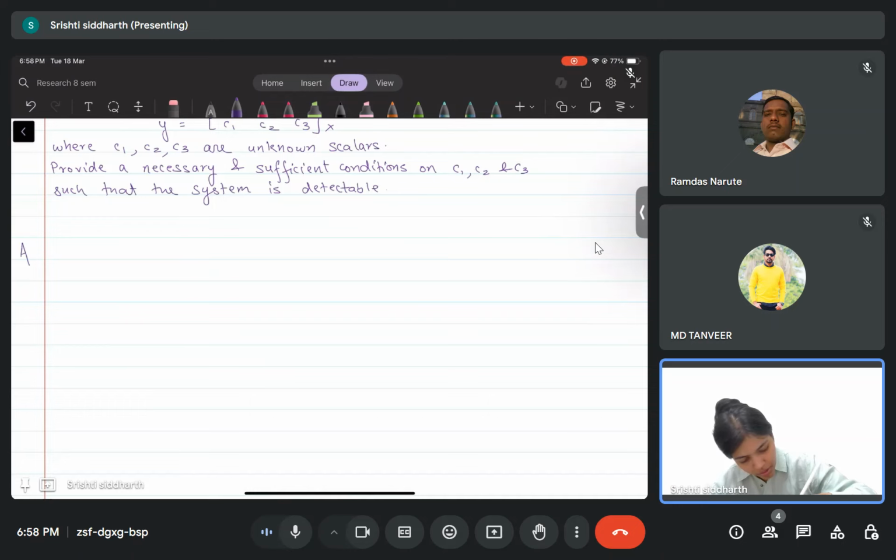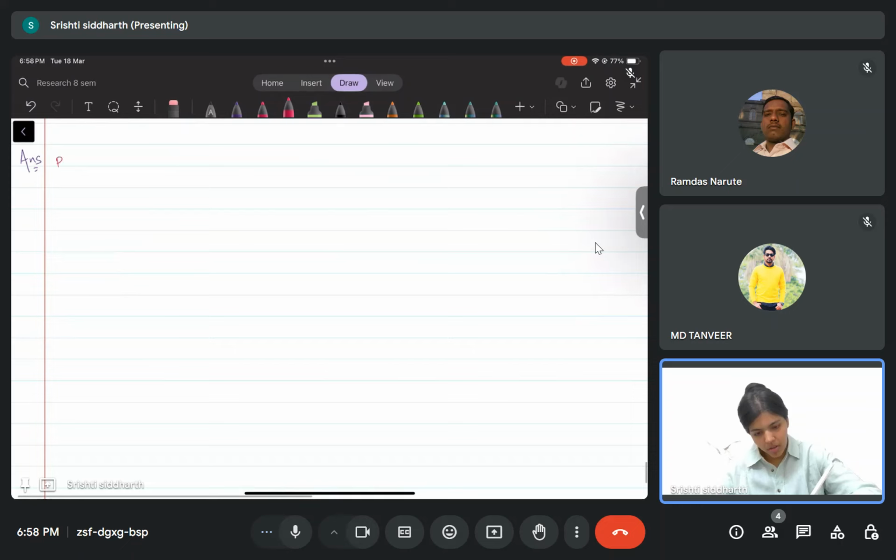So for this, we need to recall the necessary and sufficient conditions for detectability. So we must recall the eigenvector test for detectability.